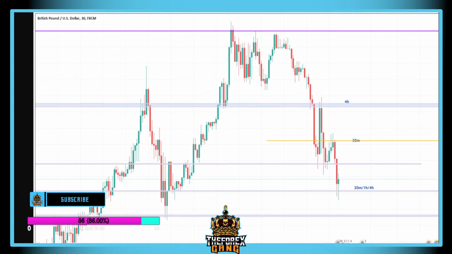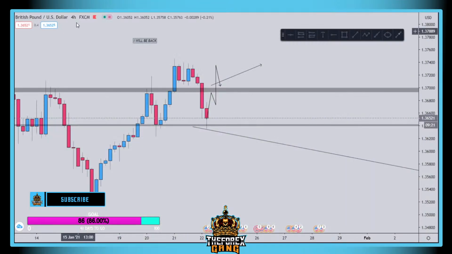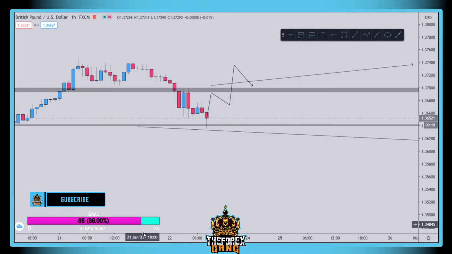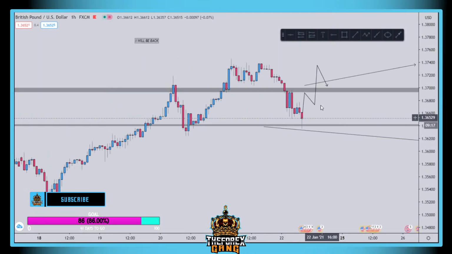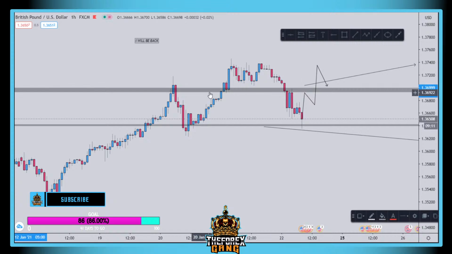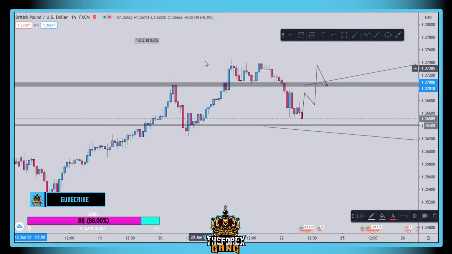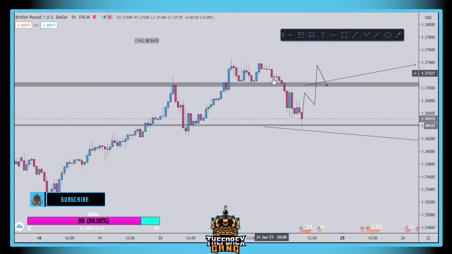For me, if it closes above this, 3700, 37065, to look for buys would be better.